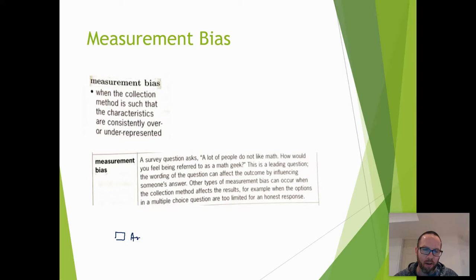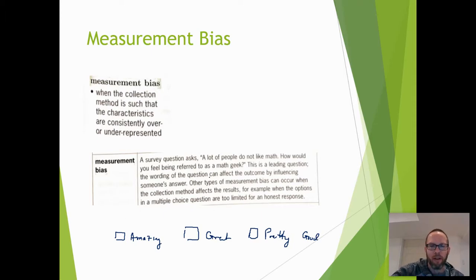And you had amazing, and you had great, and you had pretty good. So obviously, and you were forced to pick one, let's say. You couldn't move past this survey page until you answered the question. Obviously, these are limited responses, and it's not an honest question, right? So that's a couple examples of measurement bias.